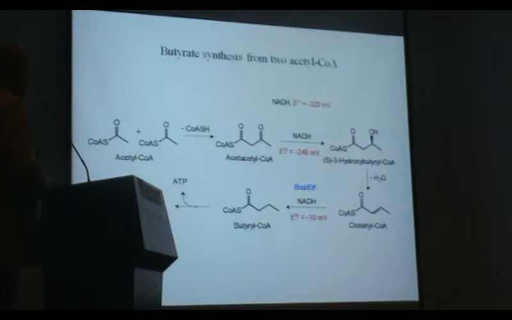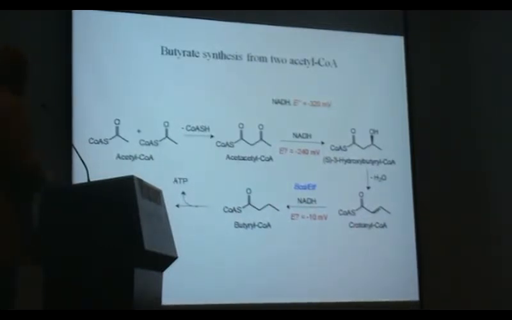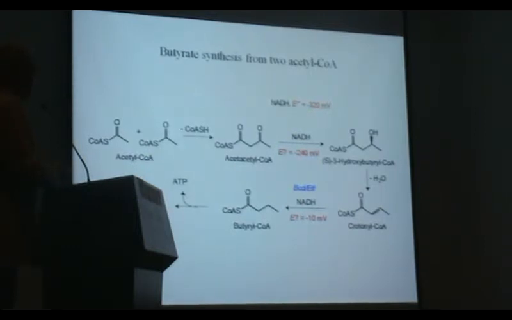Acetyl-CoA is condensed to acetoacetyl-CoA, reduced to hydroxybutyryl-CoA, and then dehydrated to crotonyl-CoA, reduced again, and finally butyrate is formed. You see the two reducing reactions. Here the redox potential is not very high.